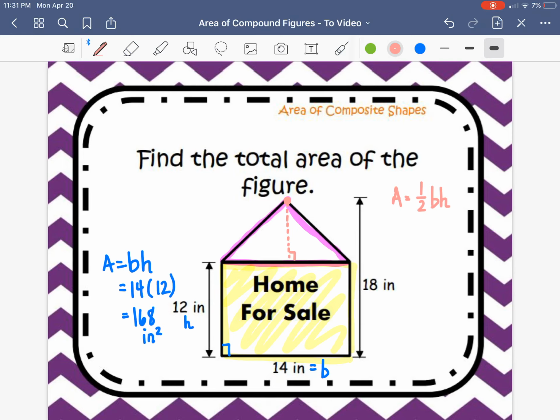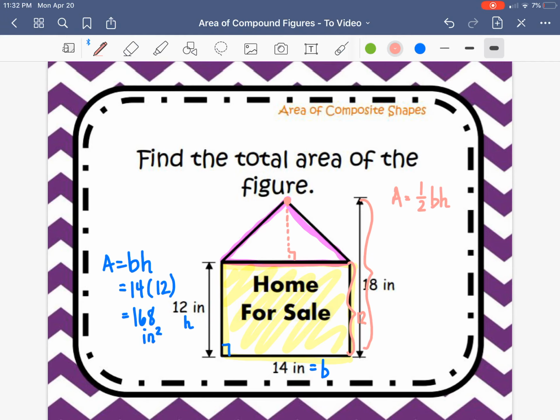that smaller dimension. We know that this entire dimension is 18 inches. We also know that this dimension is 12 inches because it's congruent to the opposite parallel side.